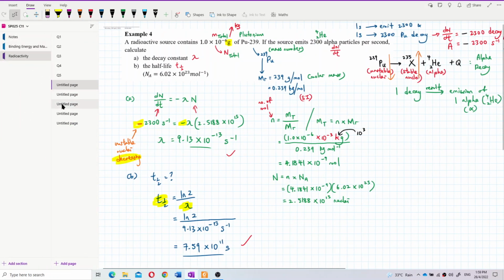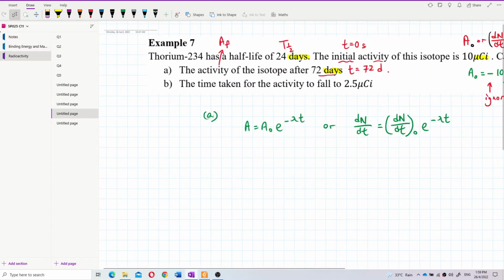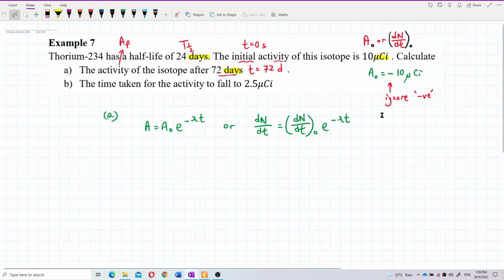But for this question, when you substitute A naught, you just ignore the negative sign.